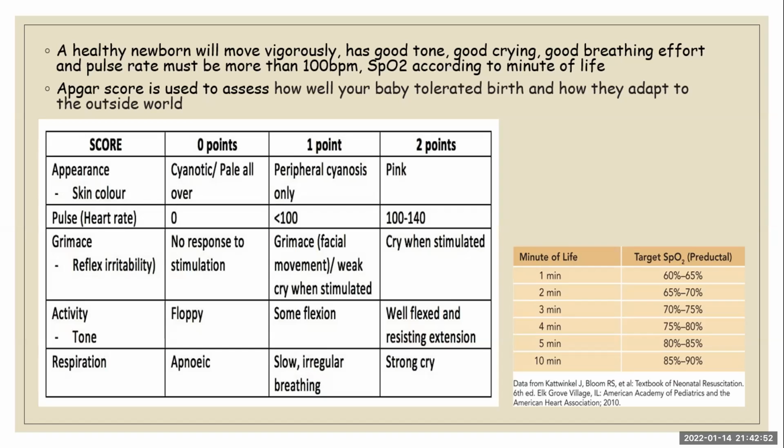And then for a newborn baby, we need to assess the general condition of the baby, and then the APGAR score in order to know the condition. APGAR score is usually used to assess how well the baby tolerated birth and how they adapt to the outside world.